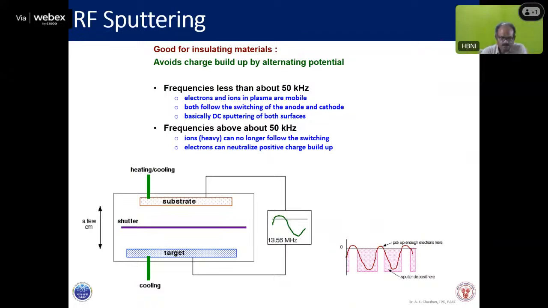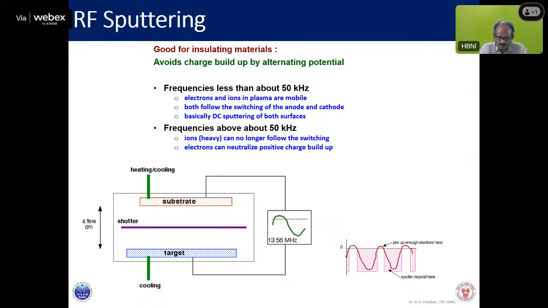As I said, DC sputtering has some issues, and therefore to avoid those issues, RF sputtering is preferred. It avoids charge buildup by alternating the potential. It means in one cycle the target is positive and the substrate negative.